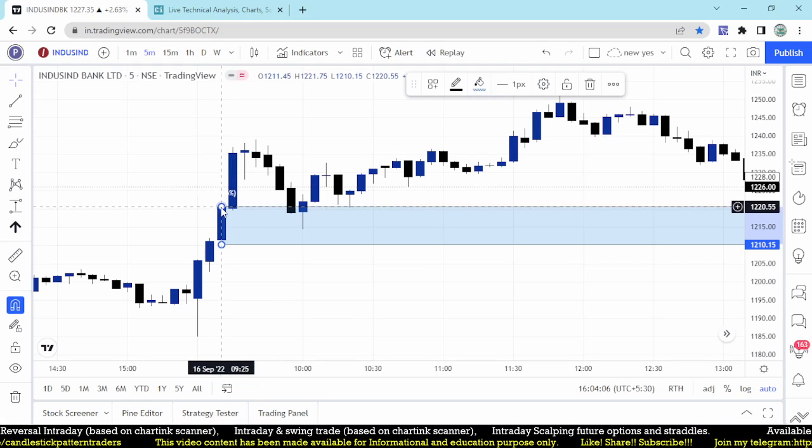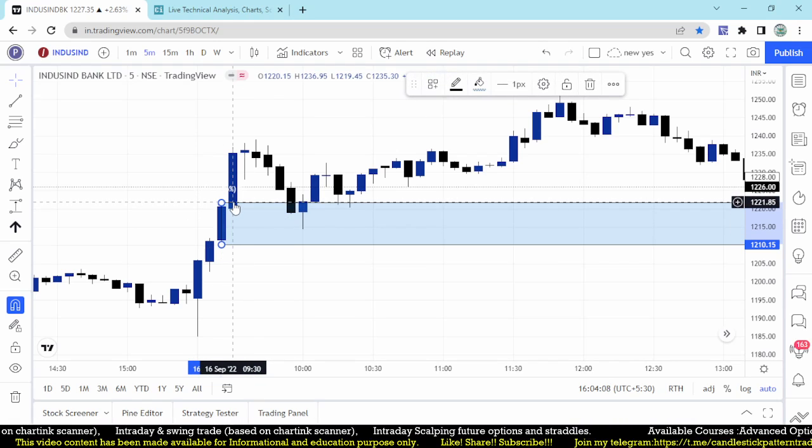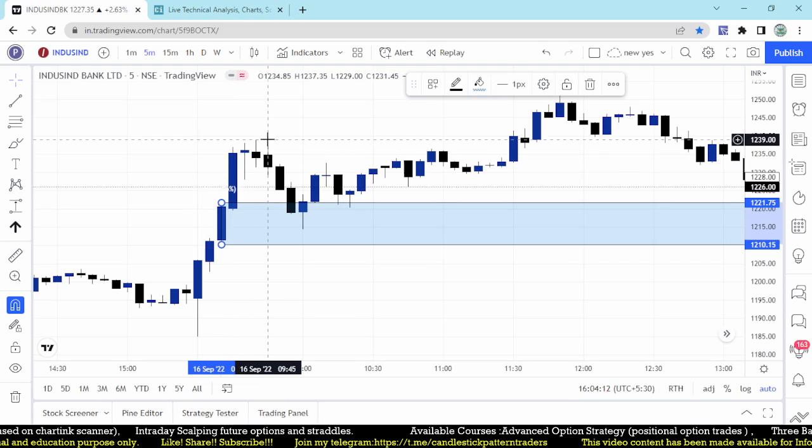Immediately it broke the high. I'm getting entry by the next candle itself, and from 1221.8 it went up to 1239 within 10-15 minutes.